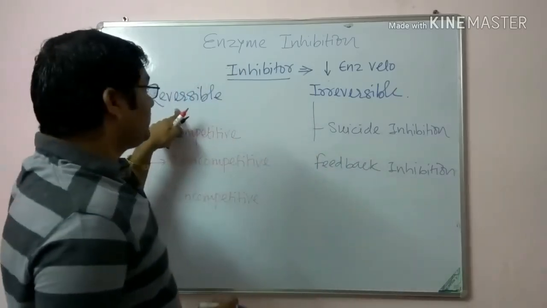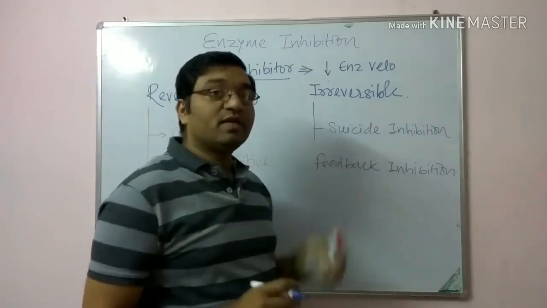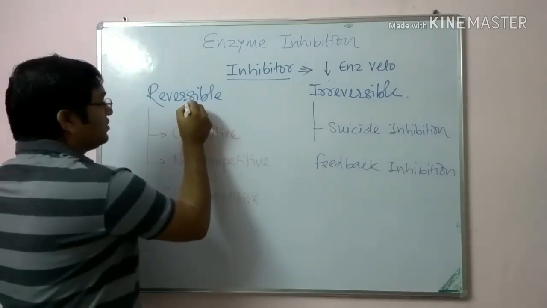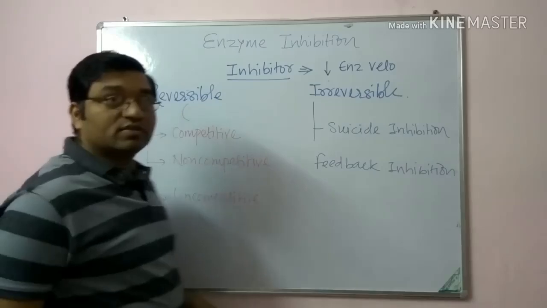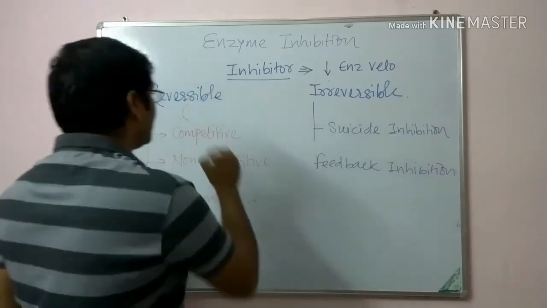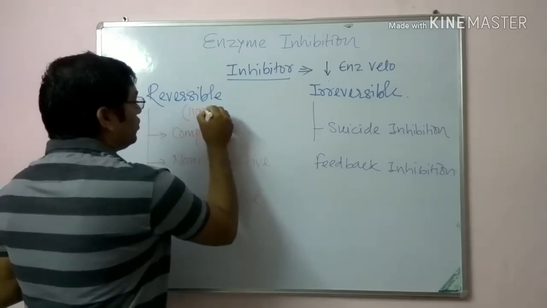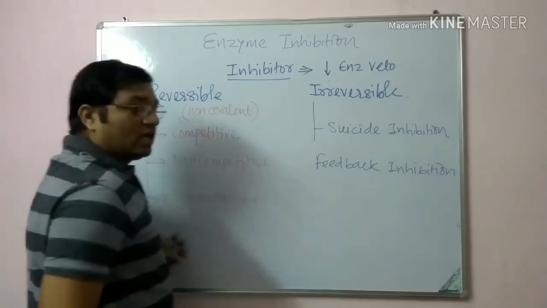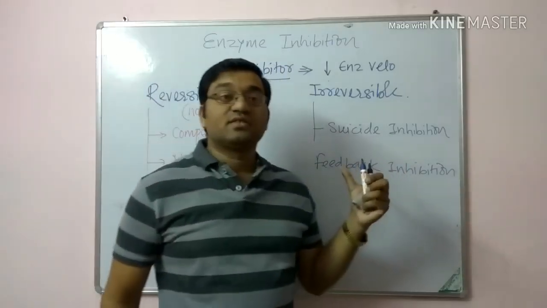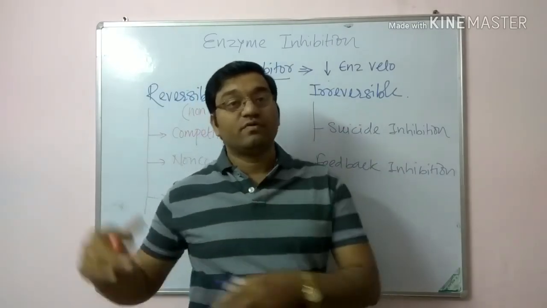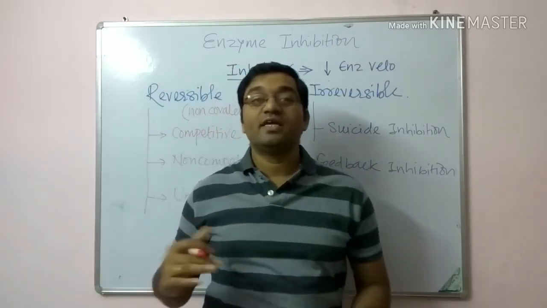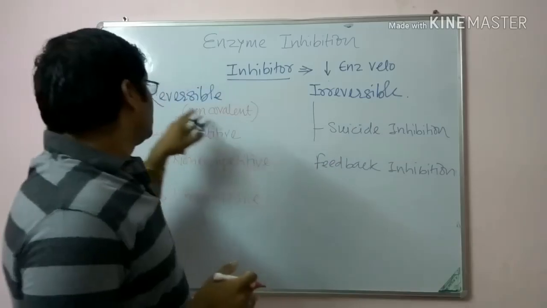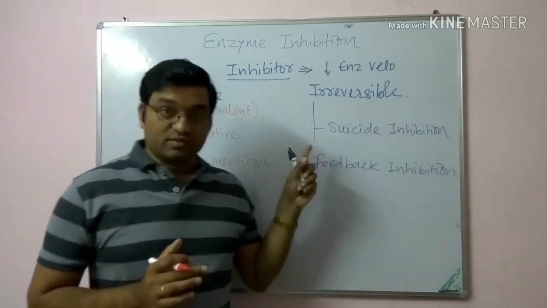The basic difference between reversible and irreversible inhibition is, in reversible inhibition, the inhibitor binds to the enzyme with non-covalent interactions. This type of reaction can be reversed with the removal of the inhibitor, or by increasing the substrate concentration, as the name suggests.